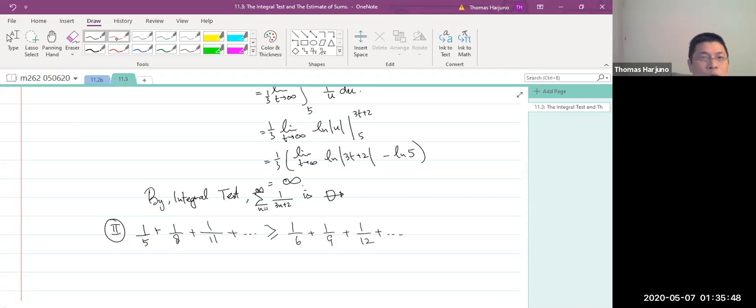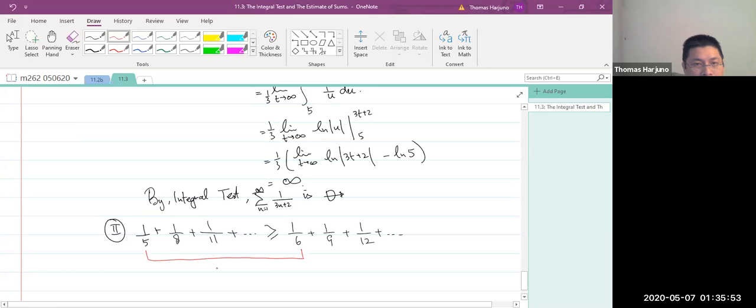I do this kind of comparison: 1/5 is greater than 1/6, 1/8 is greater than 1/9, and 1/11 is greater than 1/12.